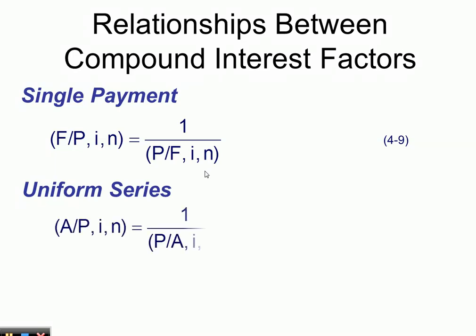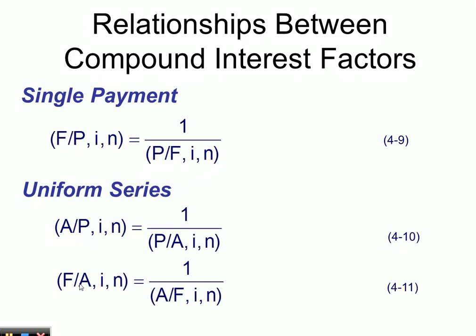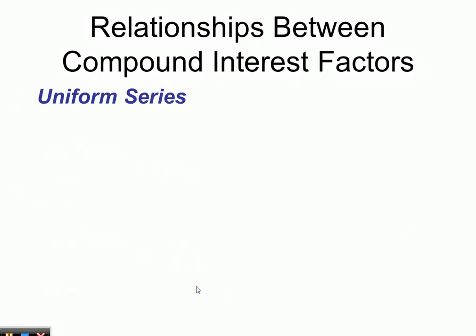In terms of uniform series, the relationship is also simple: A given P and P given A have an inverse relationship, and the same goes for F given A versus A given F. But it becomes a little more complicated if you represent uniform series through single payment discount factors.